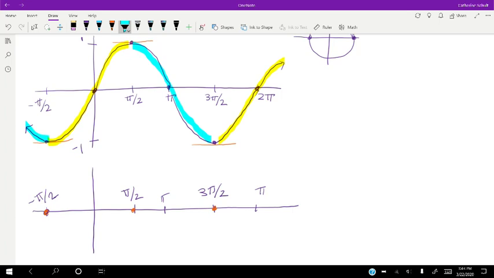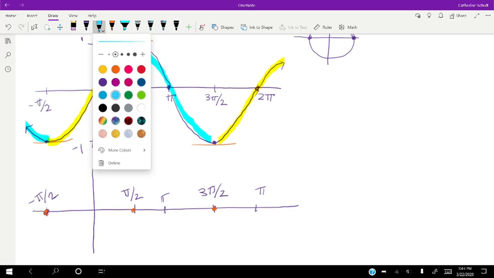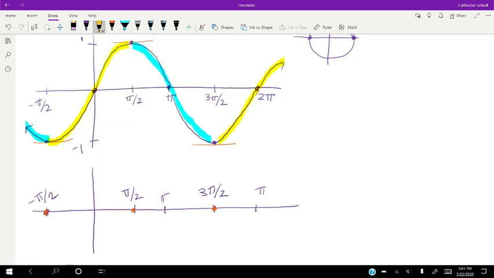And we know that when our graph is increasing, like the yellow areas, that means the slope of the tangent line is positive. And since the derivative is rates of change or slope, it means our derivative is also going to be positive. So in this yellow area right here, our derivative graph down below is going to be positive.